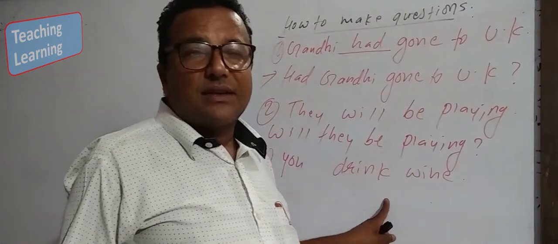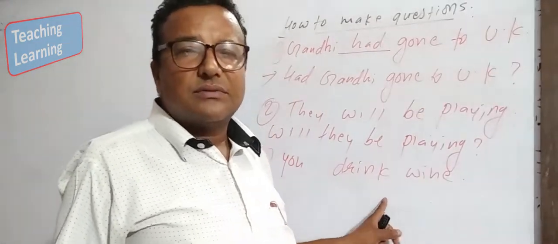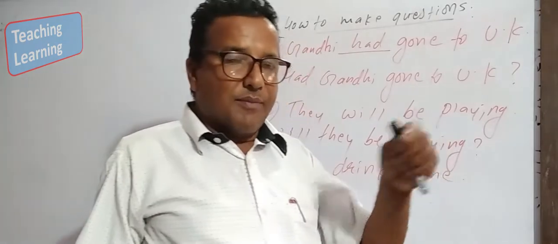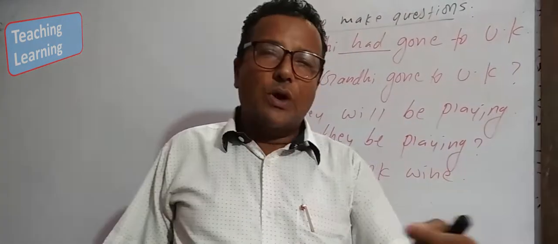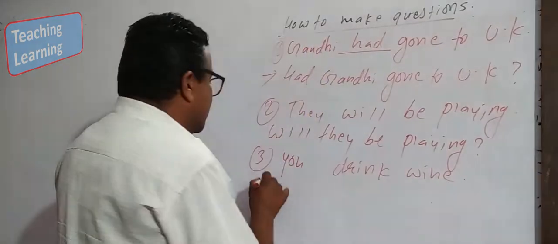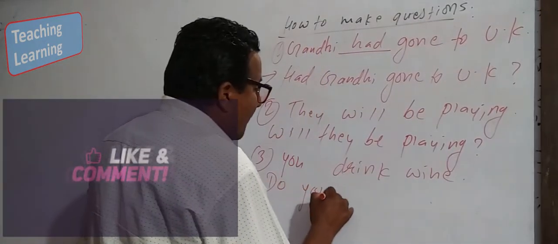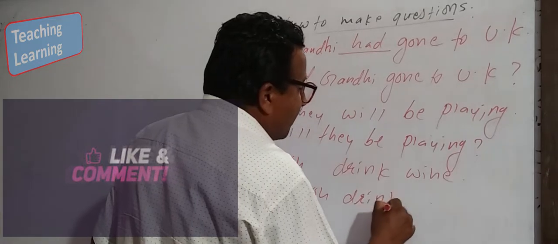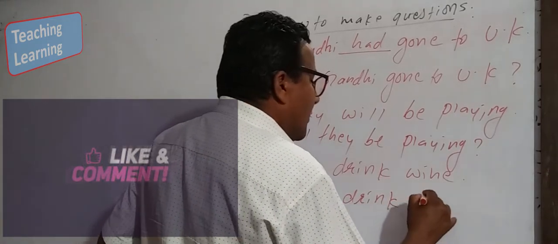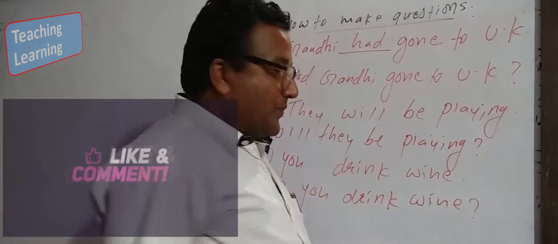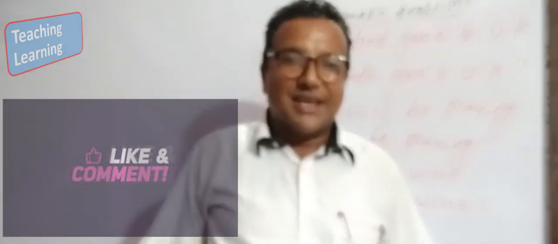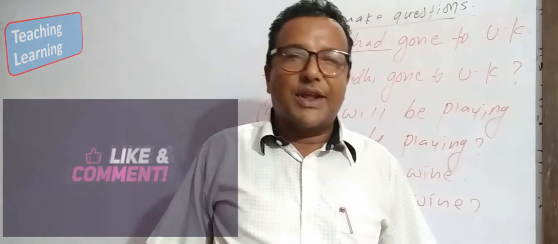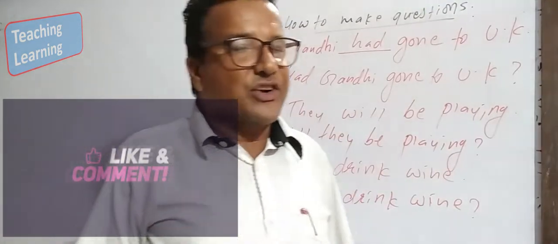In this sentence, there is no auxiliary verb. The main verb form is V1. Then we have to use do at first. Do you drink wine? The positive answer: yes, I drink wine. Negative answer: no, I don't drink wine.